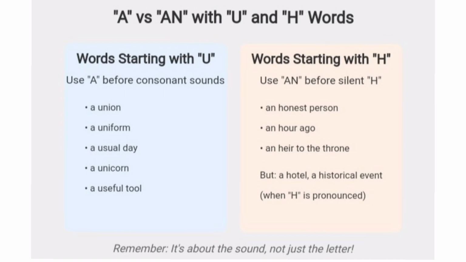Although U is a vowel letter, we use "a" before words starting with U in this context because the sound that follows is a consonant sound. Here U is a vowel letter only, but the sound is a consonant sound. When we write union in Tamil, we cannot use the vowel U, only "yu" can be used.